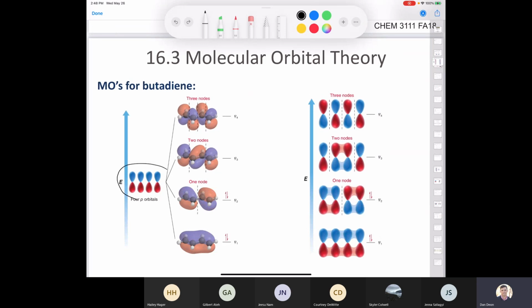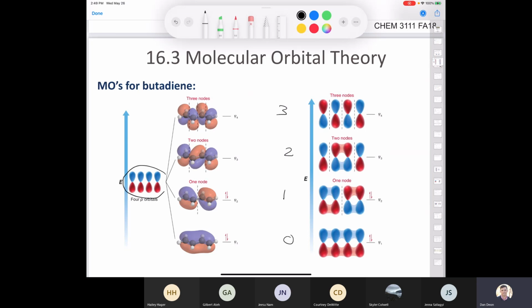Now we've got 4 atomic orbitals, so we're going to form a total of 4 molecular orbitals. In terms of the number of nodes, or regions where there is no electron density, we always start with 0 and build our way up from there. So 0, 1, 2, 3 nodes, right?